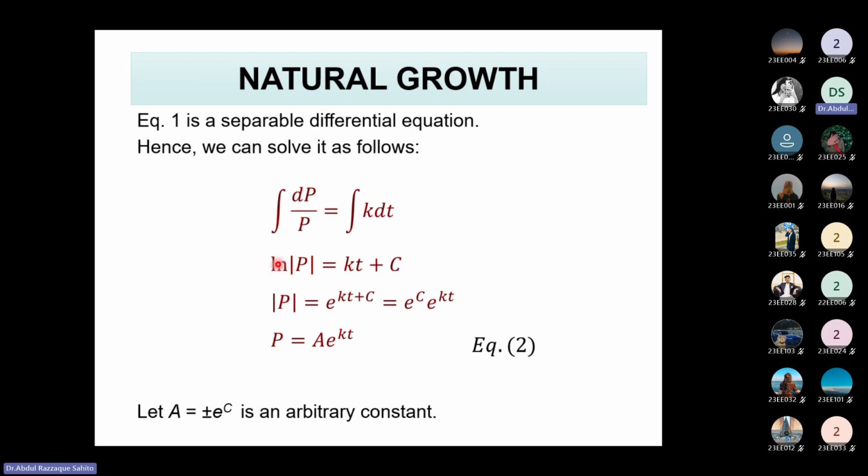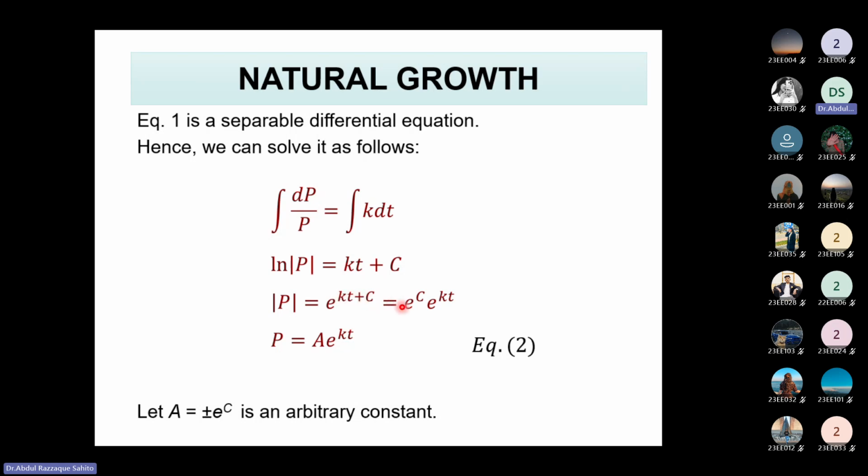In order to get rid of this ln, shift the ln towards the right side. The right side becomes exponential power kt plus c. The exponential has two terms in its power, both being plus.